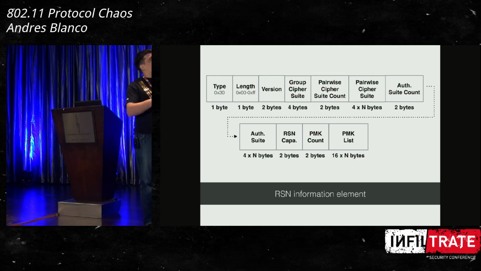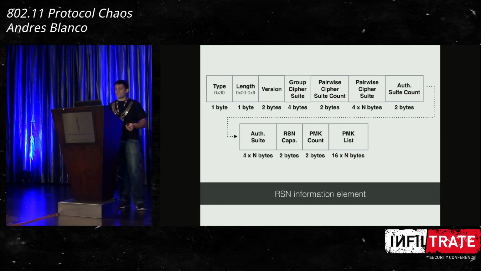We have the element that has 1 byte for the type, 1 byte for the length, and then inside it another structure, the RSN structure, which has 2 bytes to define a count item. So the information contained inside the information element can be longer than the information element that contains it. This makes no sense at all.